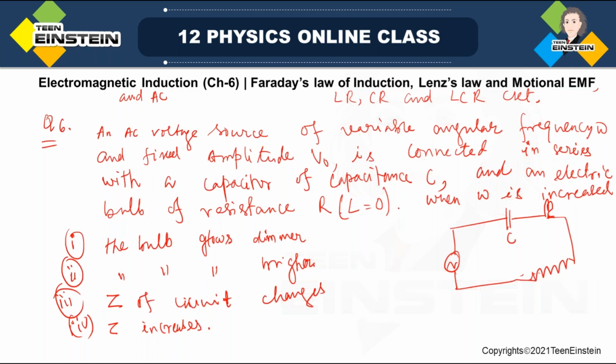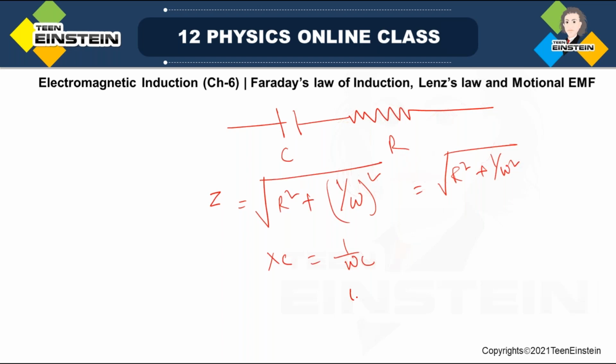Therefore, since omega increases, Xc decreases. As you see from here, if omega varies and increases, then Xc decreases.